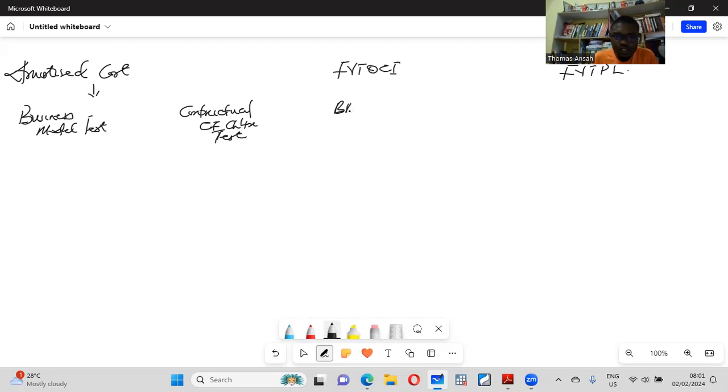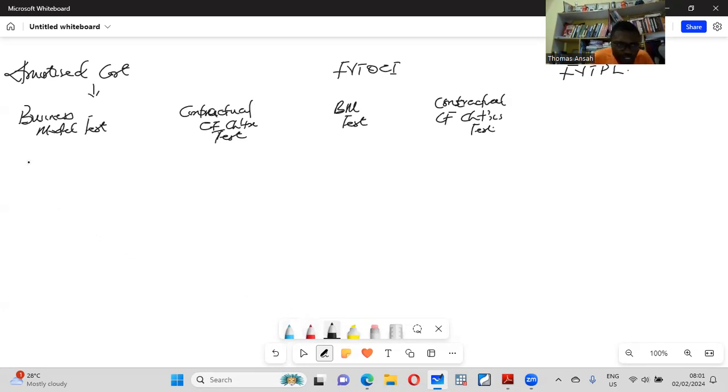You have the business model test and the contractual cash flow characteristics test. So the same tests for the two. As for fair value through P&L, there aren't any tests.